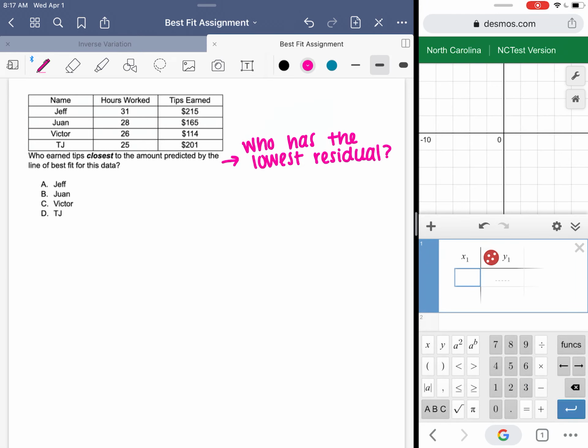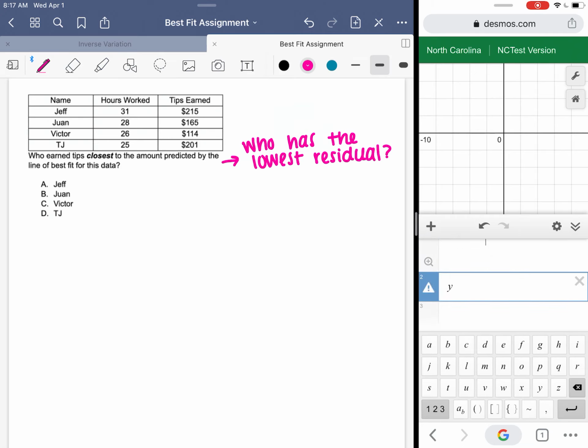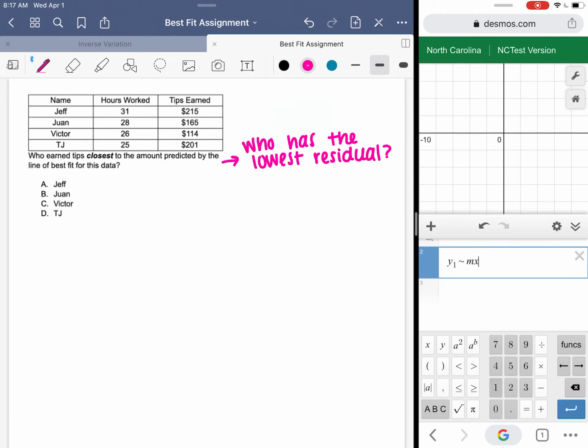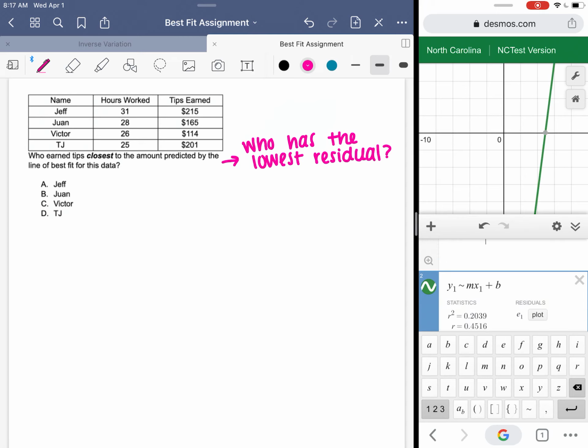So same process as the last one. We'll put this table into Desmos. Type in our linear model, y1 squiggle mx1 plus b.